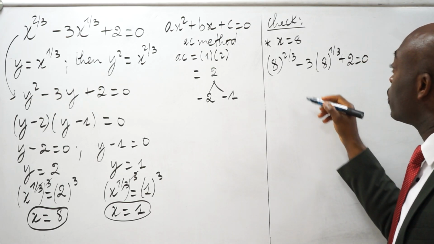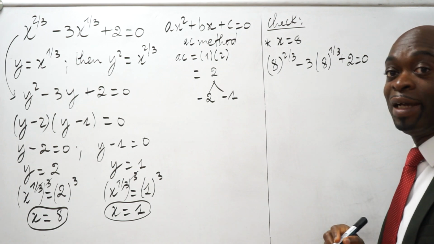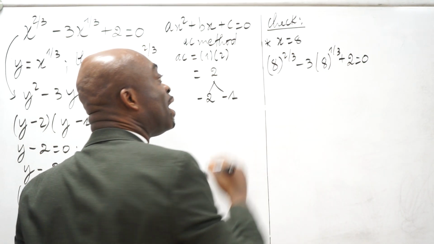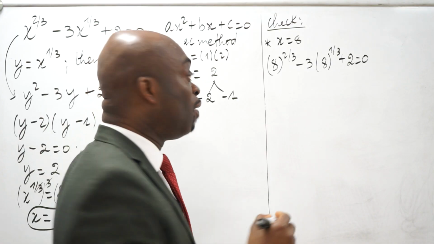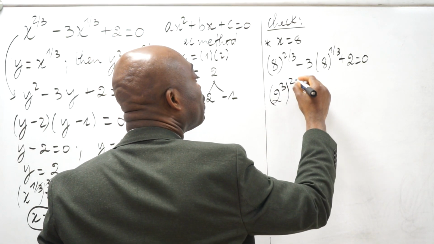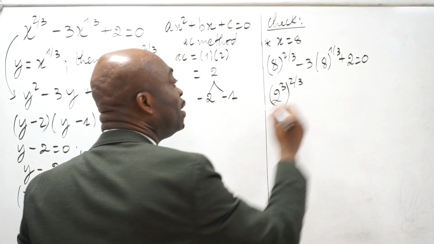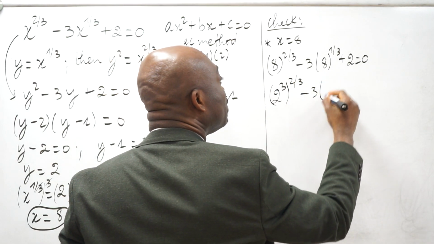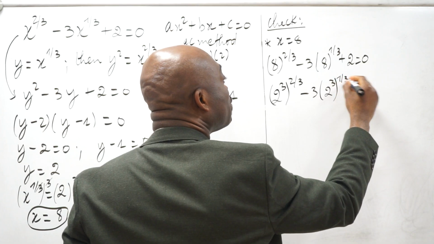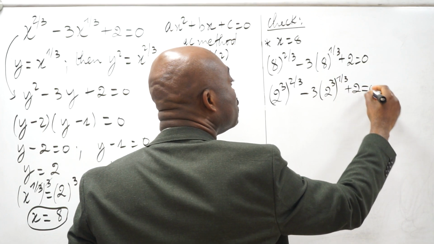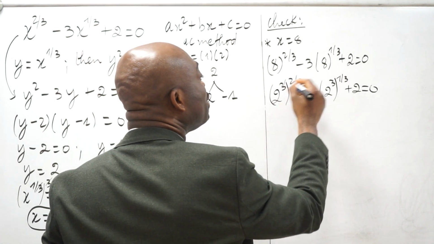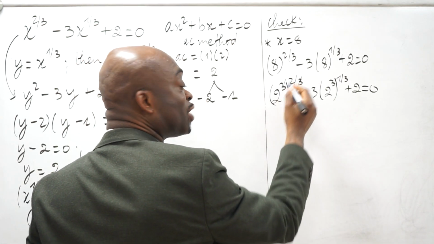So what's happening here? This one is 8^(2/3). How can we break down 8? 8 can be 2 to the 3rd power. So it's (2^3)^(2/3) minus 3 times (2^3)^(1/3) plus 2 equals 0. Then the 3 is out, so we end up with 2 to the 2nd power.